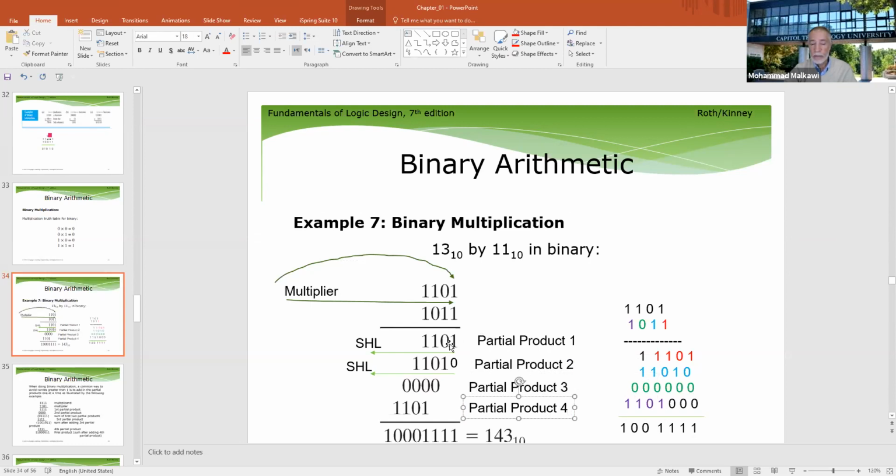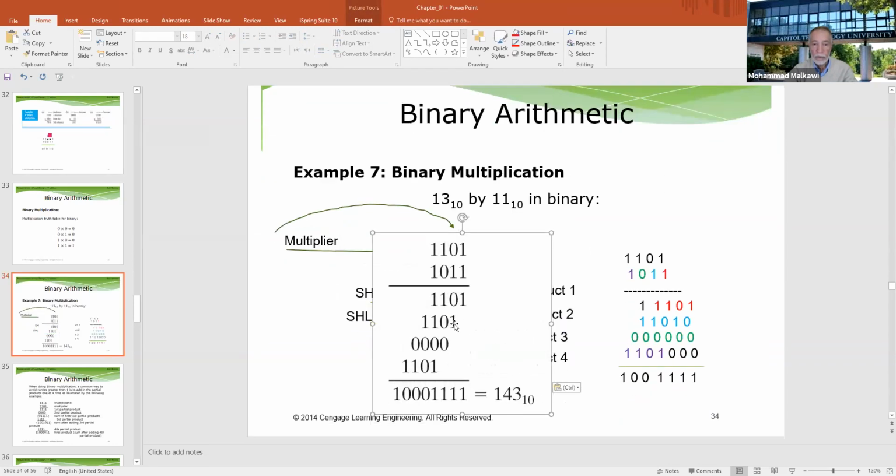The first one, I get it at a certain level. Then I start shifting every partial product to the left 1 bit. I don't need now to use this one. Okay. And then I add all the partial products. Actually, I do need it. So this is 0 here. Oops.